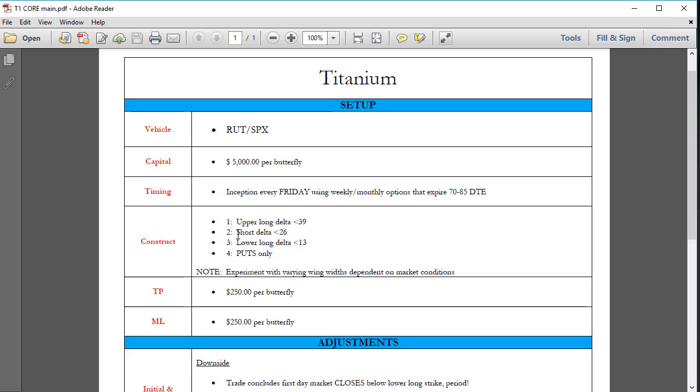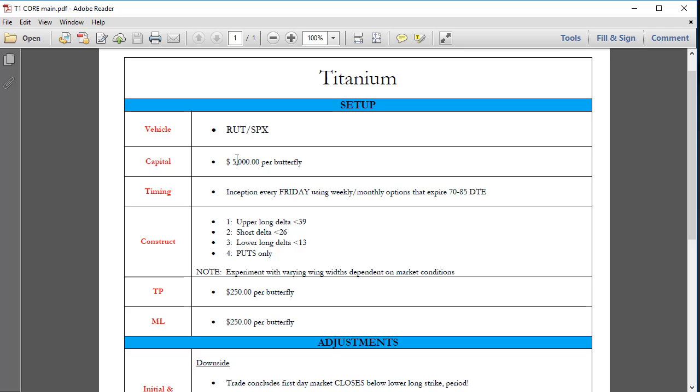And these are the constructs and the management. You adjust and tweak this to fit your personality, but this is just the starting setup, the starting guideline, using the Russell or the SPX.